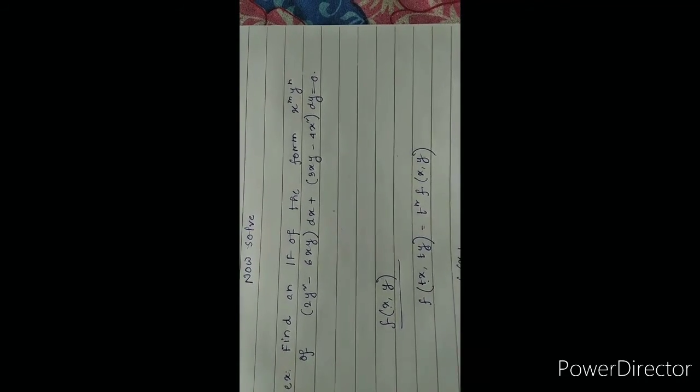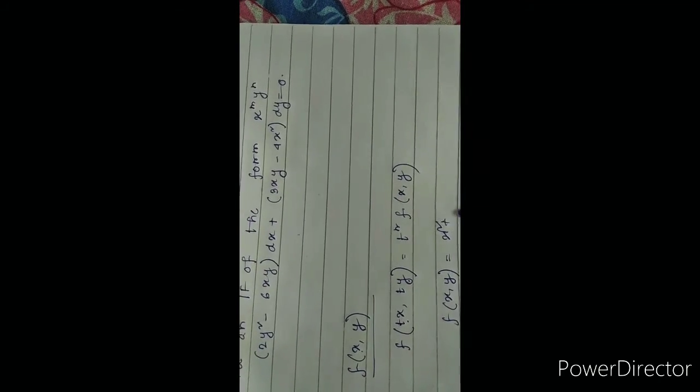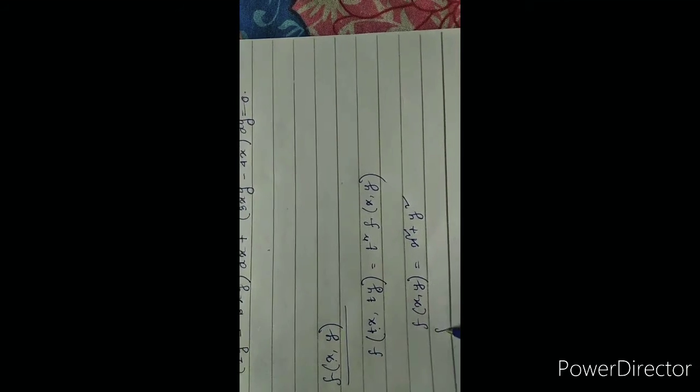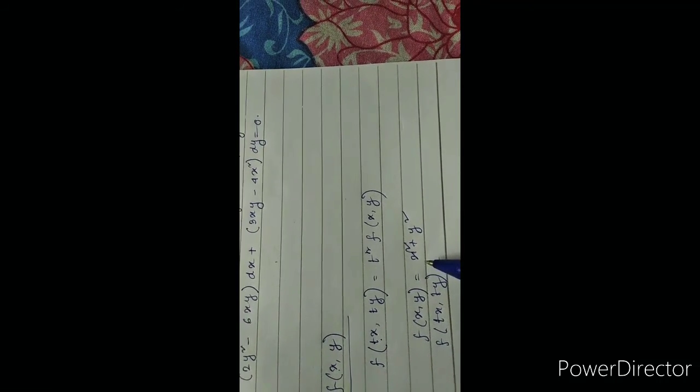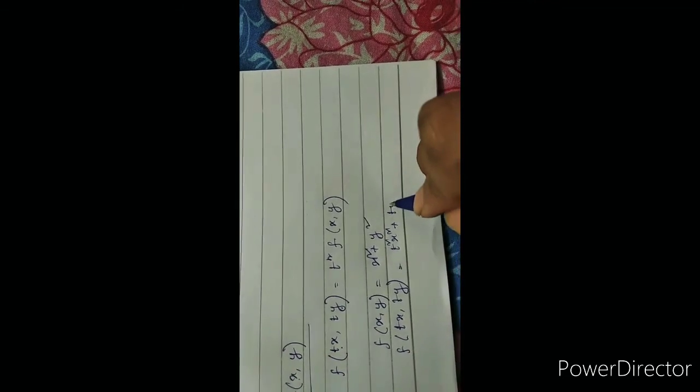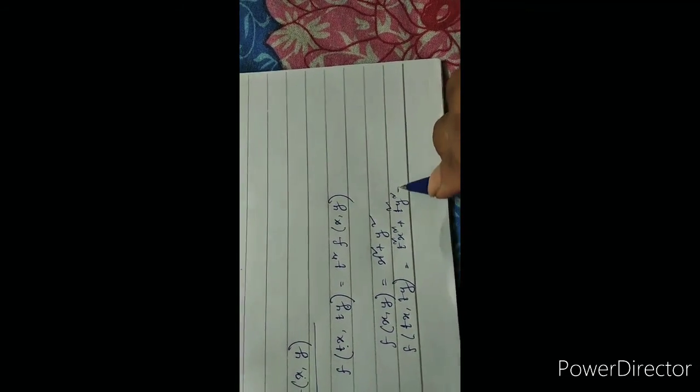For example, take f(x,y) equals x square plus y square. Now f(tx,ty) is nothing but you replace x by tx, this becomes t square x square, and ty in place of y, and this becomes t square y square.